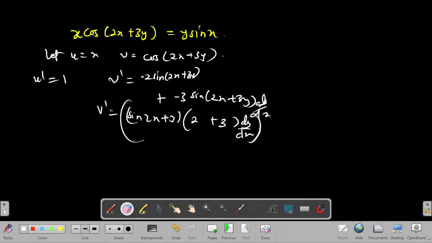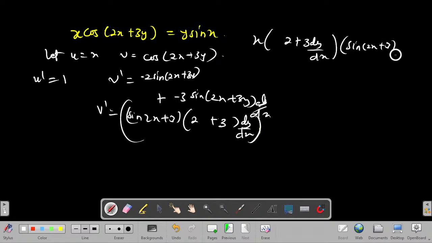So therefore, on the left side we are having x multiplied by the derivative of the same, or the derivative is 2 plus 3 dy, all multiplying sine, plus 0, right?